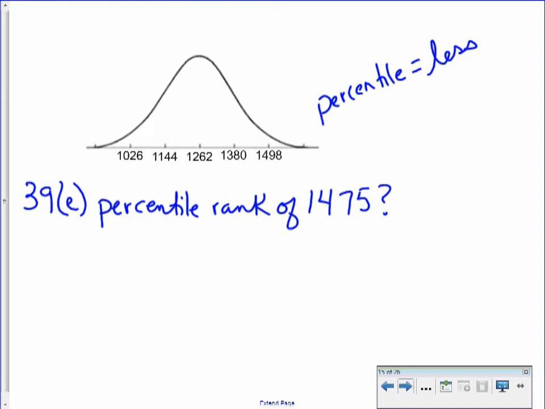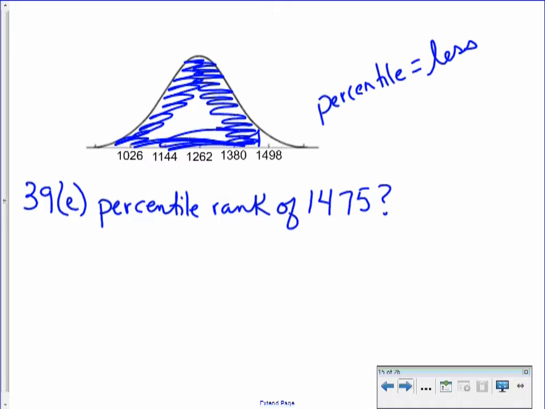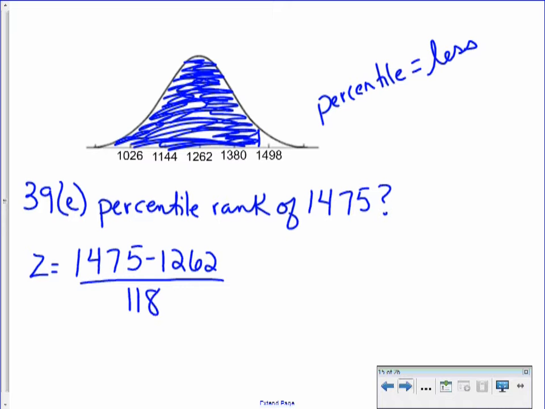I said it's always less than, so I shade to the left. Then I need to get the z-score. So we look up 1.81, and we get 0.9649.